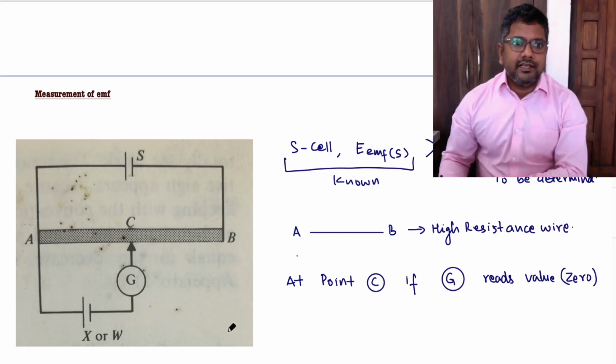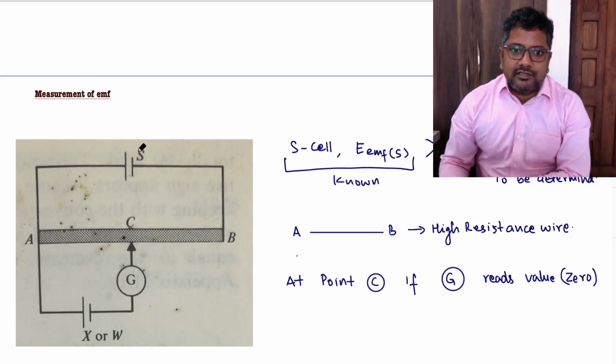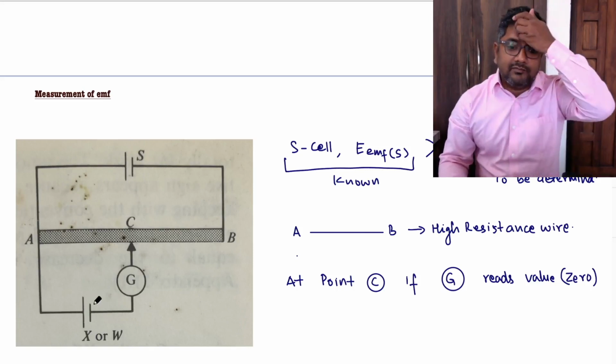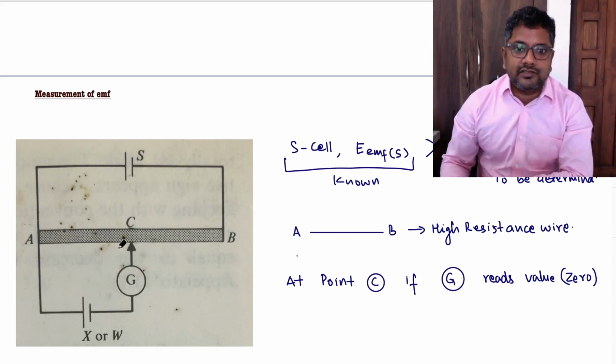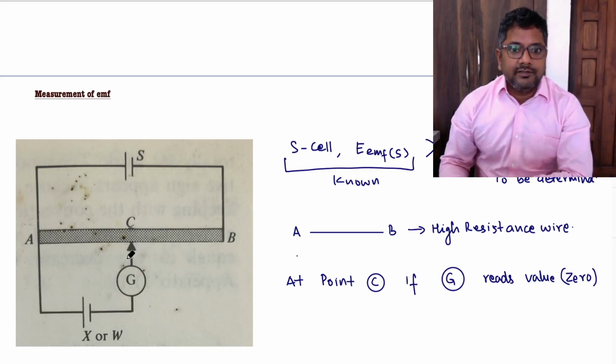Then you can say that the potential of this external battery is equal to the EMF of X, which means there is no current flowing in this circuit.